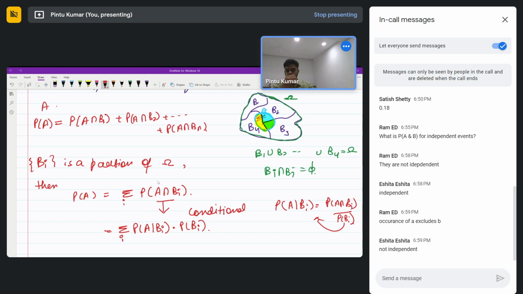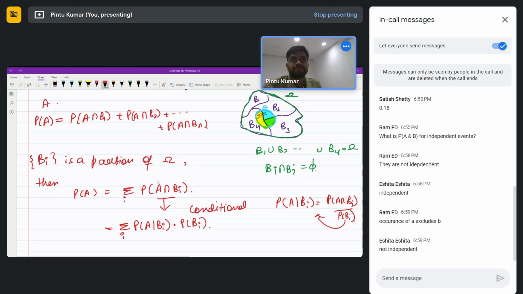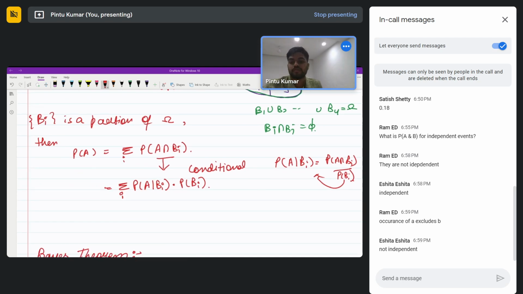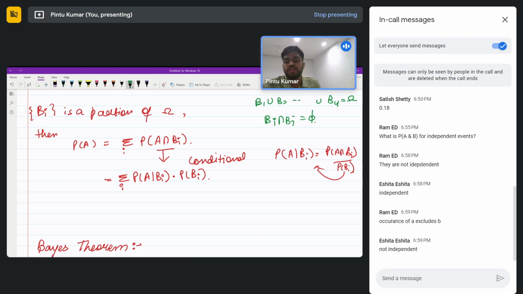So this is just another formulation, and this is the theorem of total probability. Right now it might not look very important, but we'll be using it in Bayes theorem.